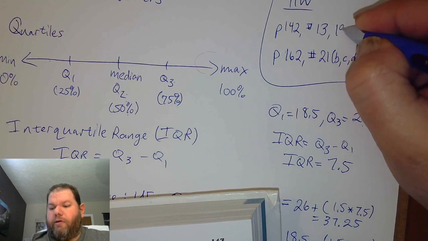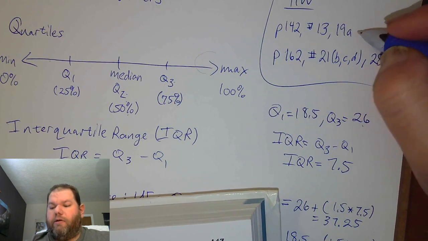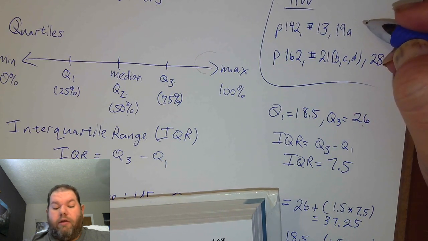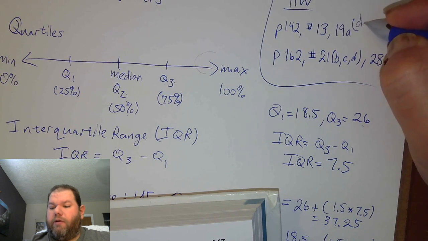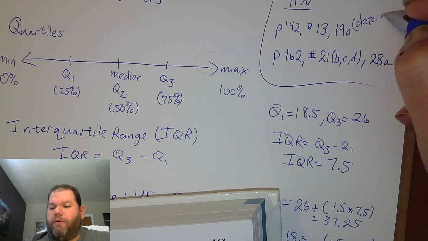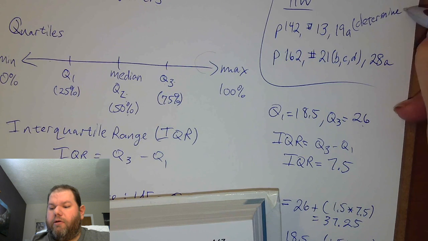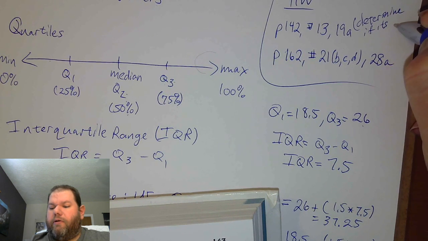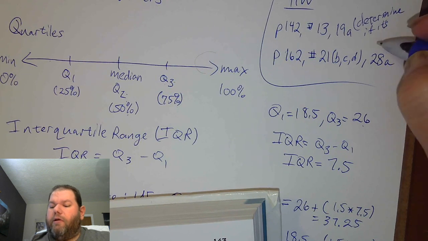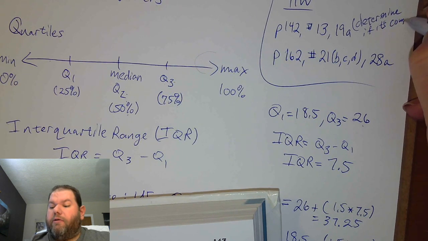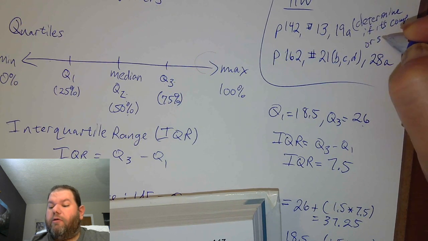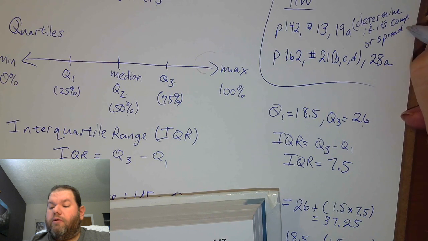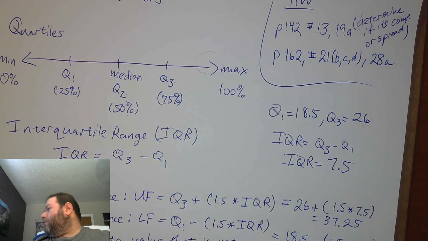Look at 19A. And for 19A, determine if it's compact or spread out. Okay.